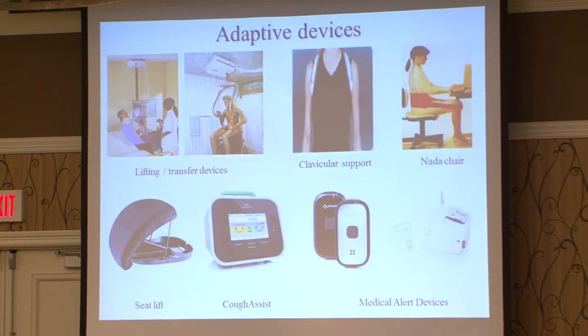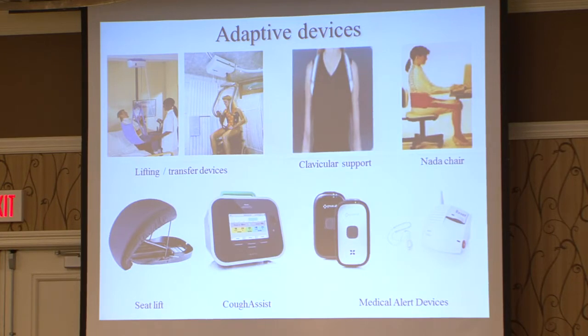And then there's a series of different adaptations or adaptive devices that can be used to prevent the fatigue of certain muscles. There are lifting transfer devices. There are things to help with shoulder muscle to prevent weakness. There's what's called the NADA chair. There's a seat lift.